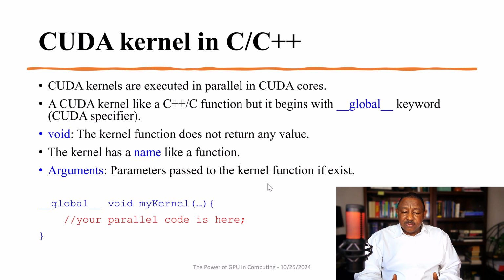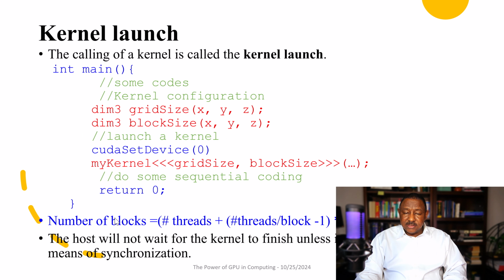This is how it looks, because once the compiler finds this, it immediately knows this function must be executed on the GPU and not on the CPU. So this is the general form of the kernel, and whenever we need to run any instructions or program on the GPU, we have to use a kernel, and this kernel or function will be executed simultaneously on the GPU.